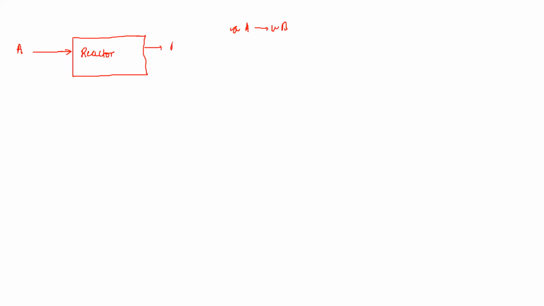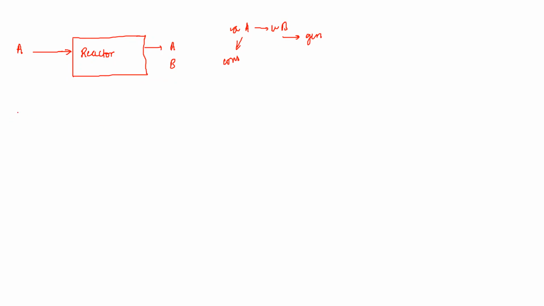So you're going to get the A that remains unreacted and of course B, the B that has been produced, right? So in a chemical reaction, you always know that the reactant is consumed while the product is generated.